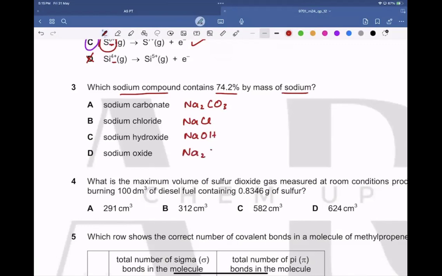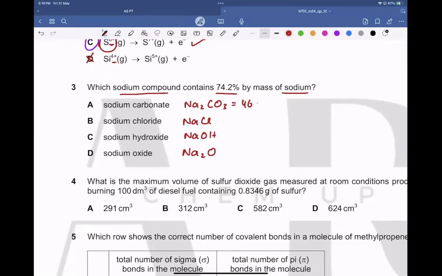So 74% means almost more than 50% mass. So over here, if you work it out, 46 gram is sodium and 60 gram is carbonate. So see, it's less than 50%, right? The mass of sodium is less than 50%, so it could not be 74.2%, so A goes wrong.